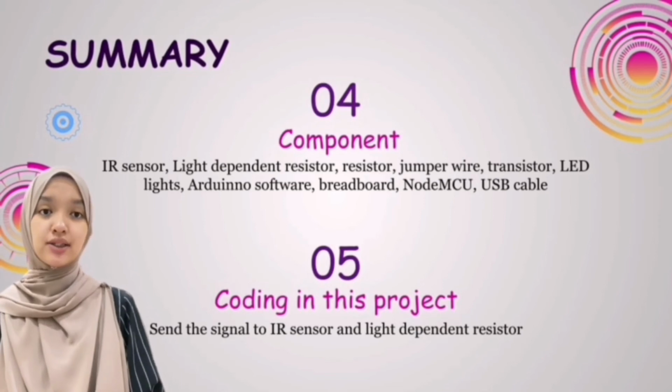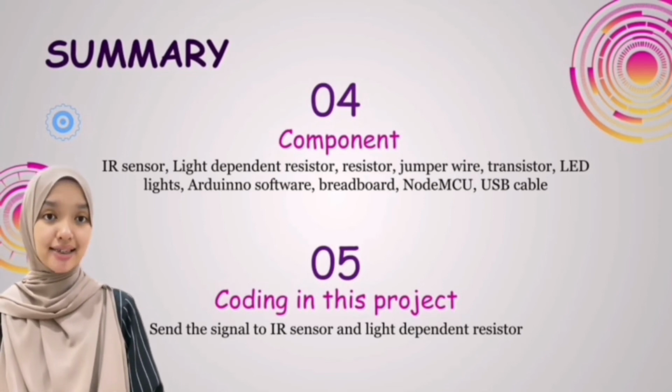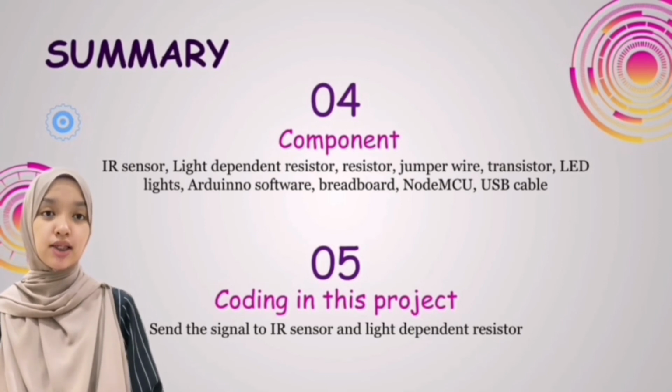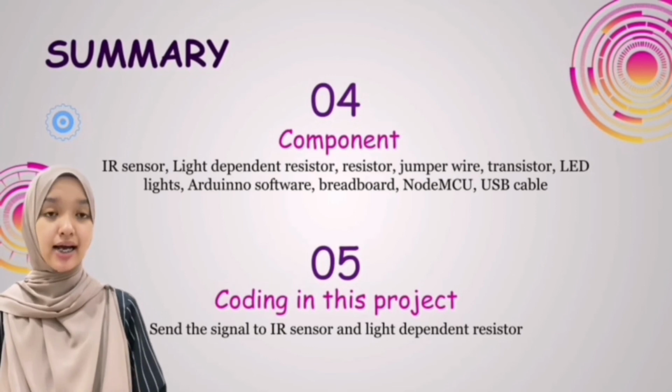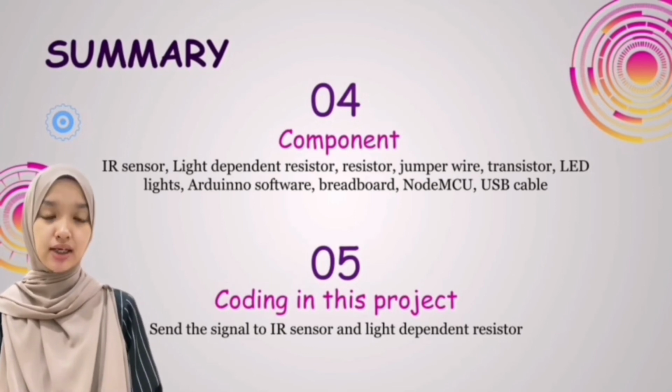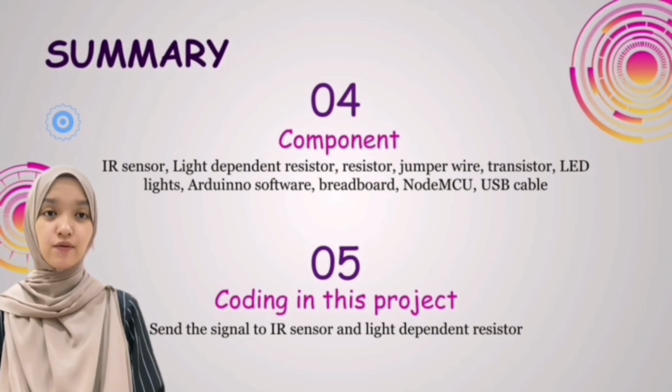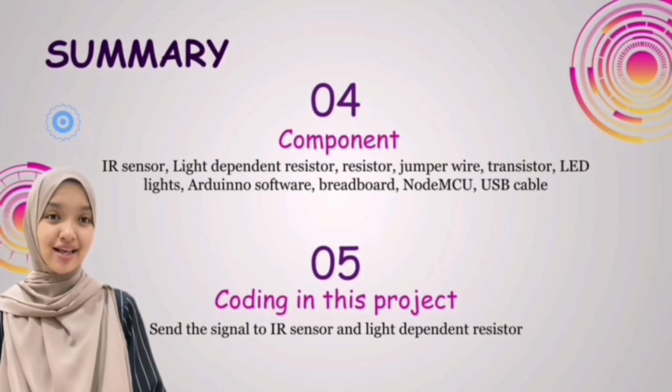This coding will send the signal to the IR sensor and the light dependent resistor. The IR sensor will detect the moving object. For example, in our project, the IR sensor will detect the moving car, and the light dependent resistor will detect the presence of light. As you can see, this is the coding for our project. That's all from me. Thank you.